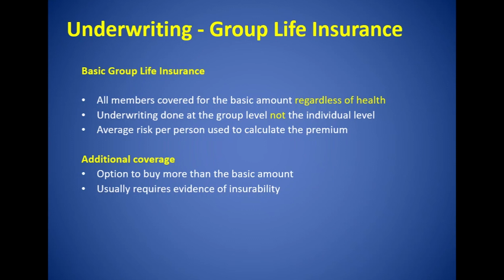However, if you wanted to buy more than 2 times your salary, maybe 3 or 4 times, some group plans allow you to buy more than that basic amount, but you're going to have to provide evidence of insurability. So there is that option available under group life plans.